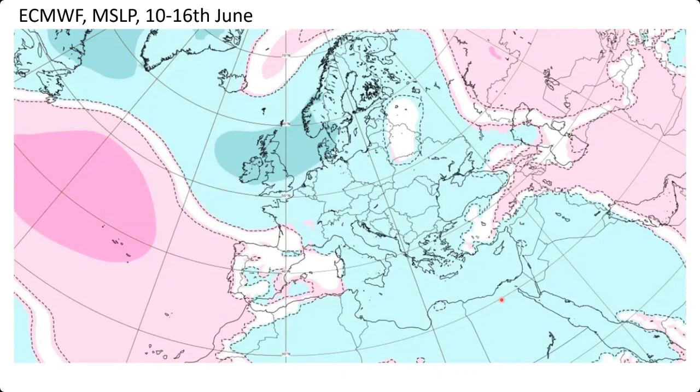And here are the same anomalies for surface pressure. In the first week we have negative anomalies for the surface pressure over Scandinavia and towards Britain and Ireland.